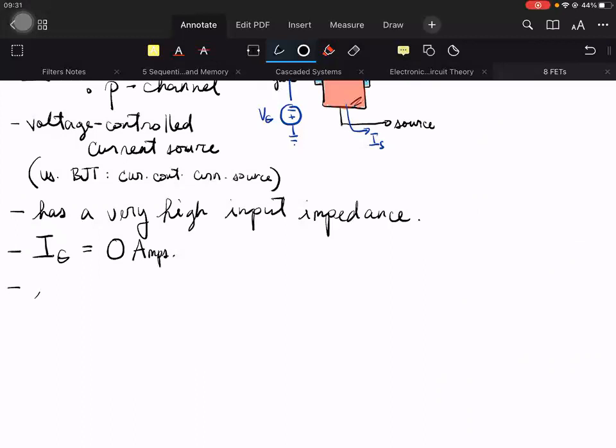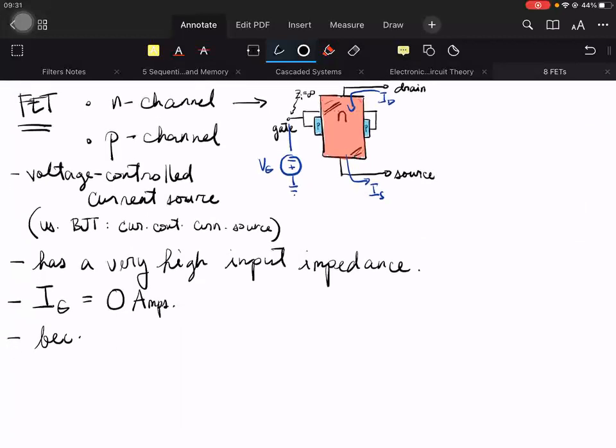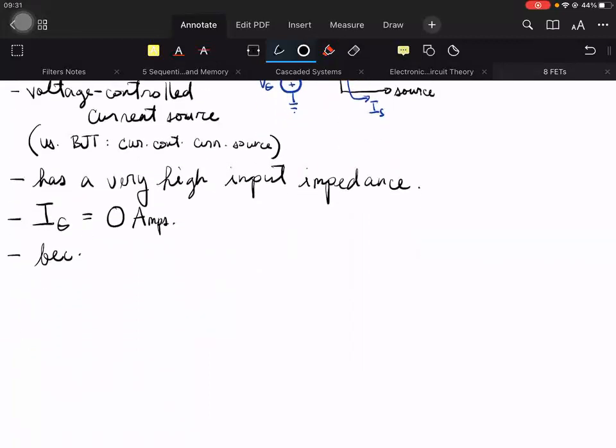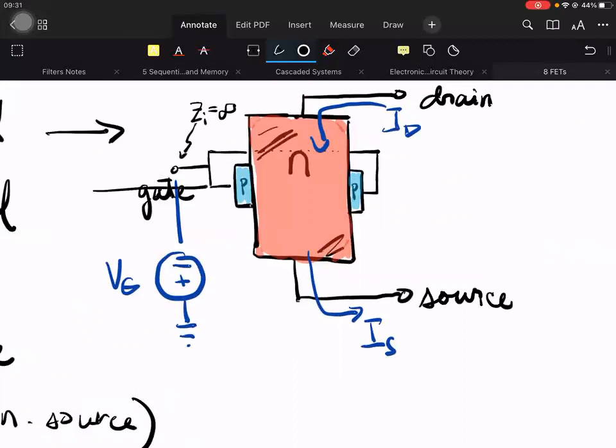Now, just like the BJT, we could formulate a KCL equation modeling the device.